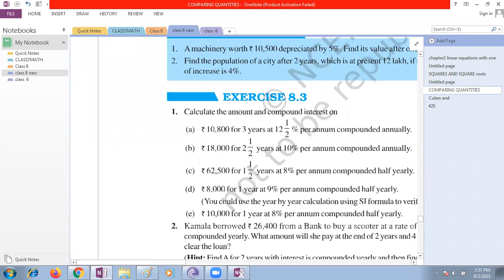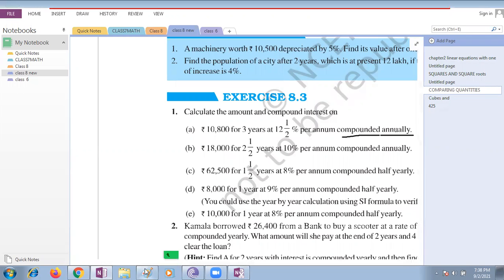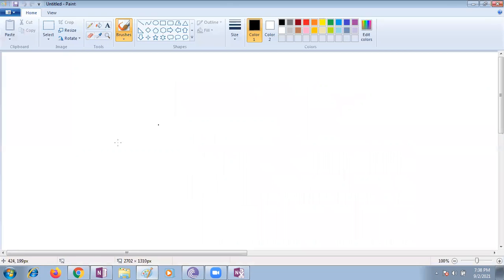Time period is given as 3 years. 12.5% per annum, compounded annually. What is the keyword here? Annually. So it's annually. Keyword is compounded annually. Ma'am, yearly. Yearly, yes, ma'am. Very good. So now you know how to use the first formula. Yes, ma'am. 1 plus R by 100 whole to the power n.